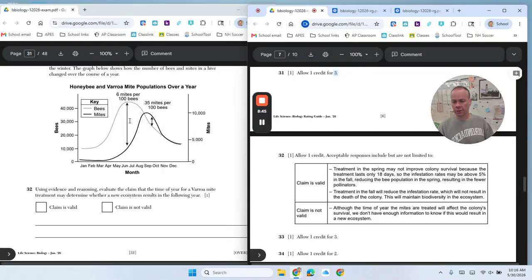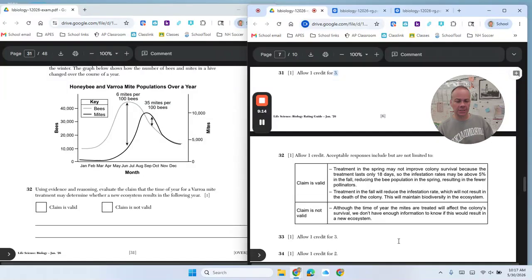You might say if they are treated early in the year, it will have an effect, but because it's only a short-lasting effect, it will impact the beehive because the fall is what's important for them. Or you might say the simpler version, which is that if you use the treatment in the fall, then you're going to reduce the mite population so that the colony can survive.